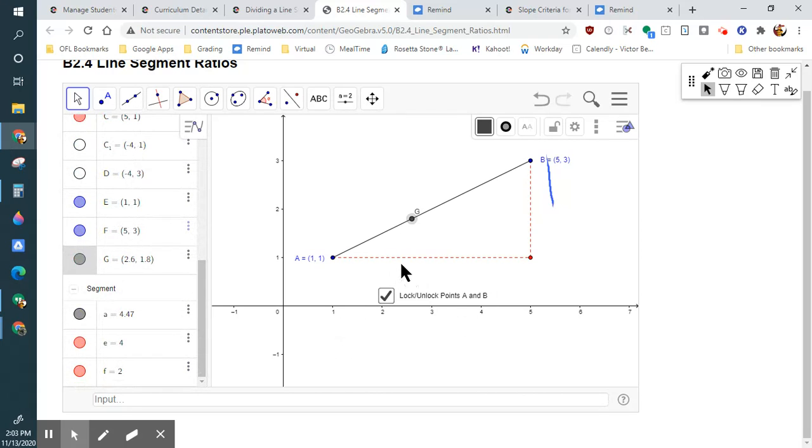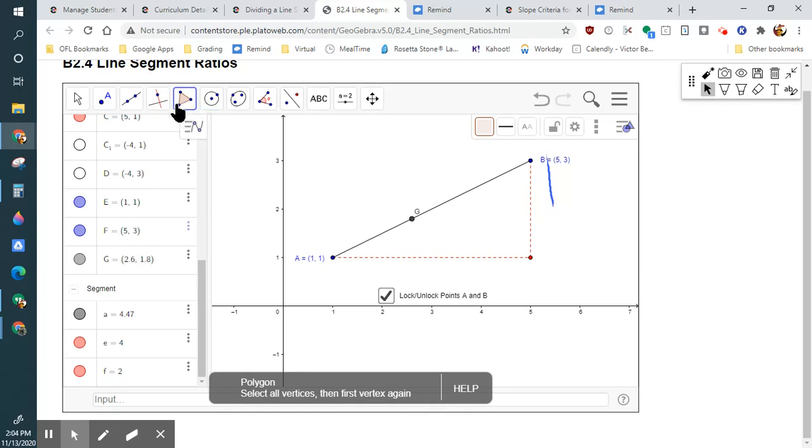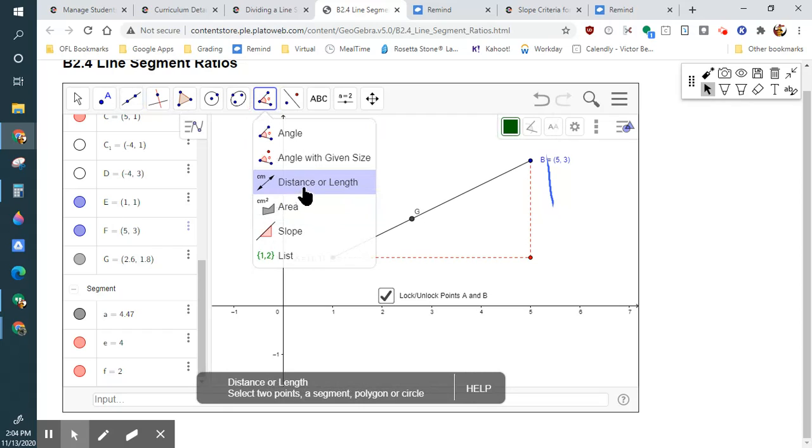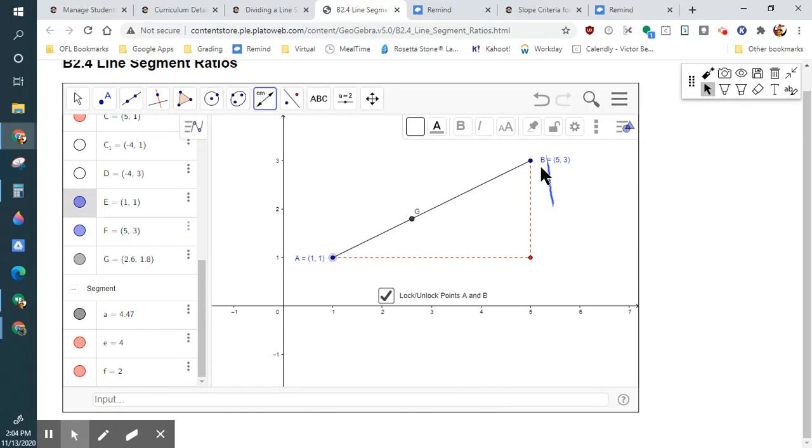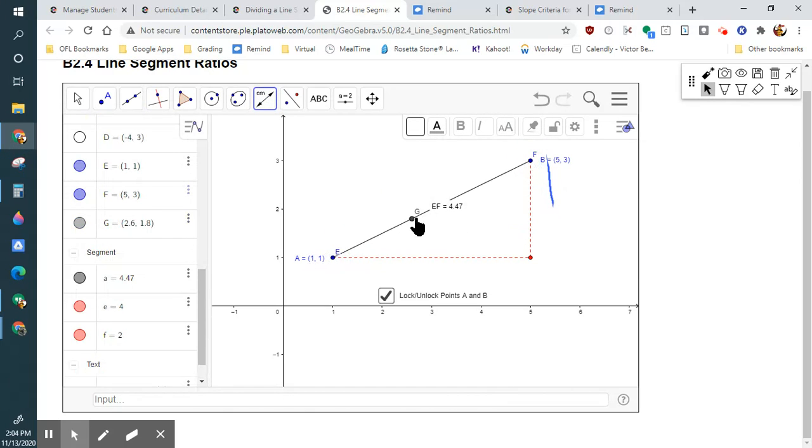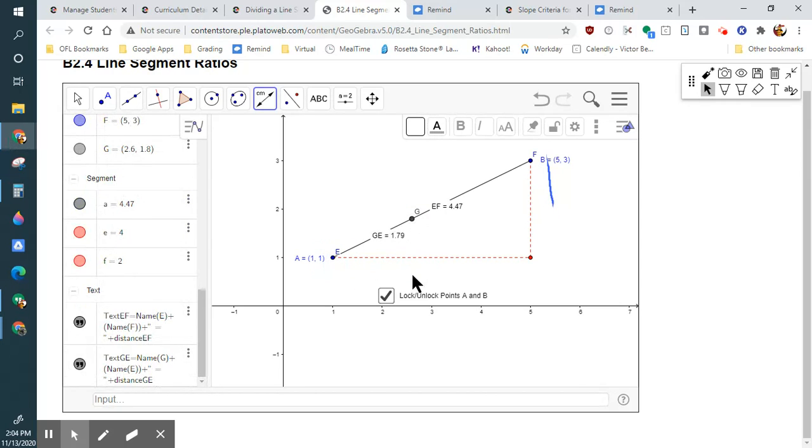All right, going on from here, we want to find the distance. So we're going to take a distance, measuring tools, distance. So we're going to do this to this. They give you a decimal. This to this. They give you the decimal. If we take 2/3 of it, it should work.